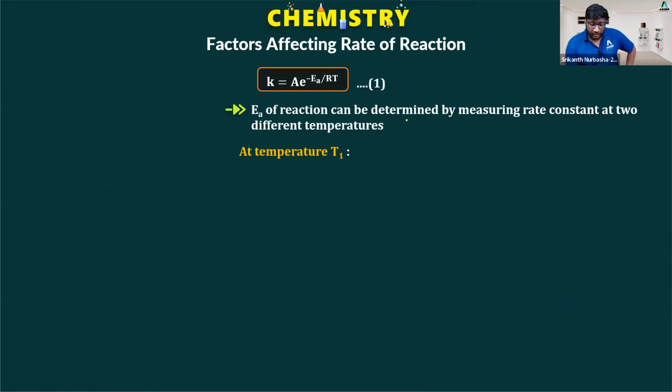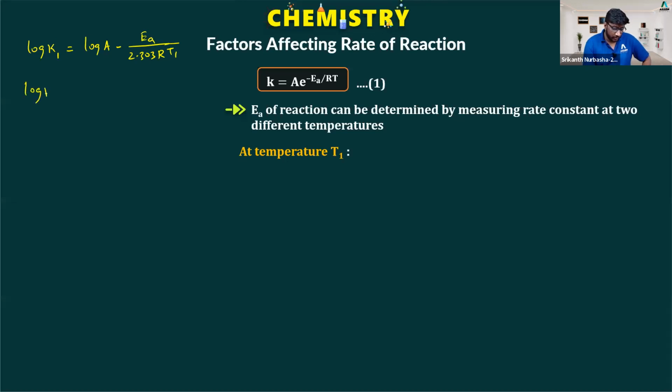Ea of the reaction can be determined by measuring the rate constant at two different temperatures, because log K is equal to log A minus Ea by 2.303 R T1. This is K1, that is the rate constant at temperature T1.